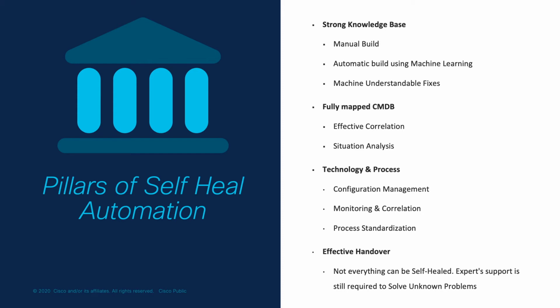So it can start as a hybrid model where if the solution cannot solve the problem, then the experts can pick it up and solve it. And gradually, over a period of time, the machine itself can pick it up and solve it with a higher percentage of accuracy.